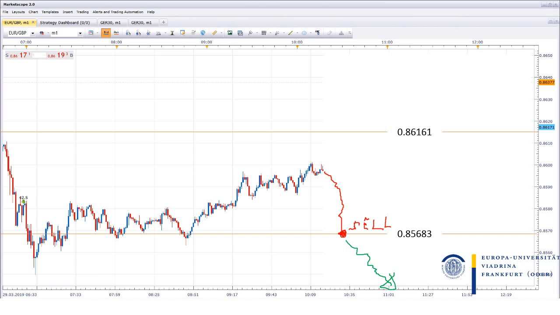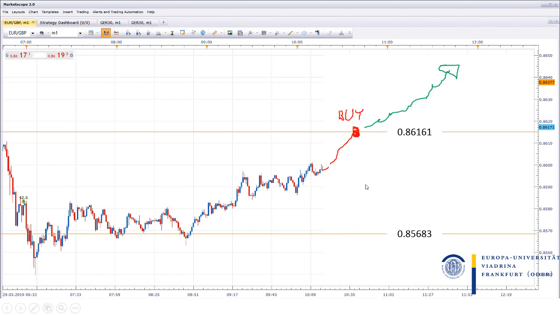Now I expect the following. In case the outcome of the vote is yes to the Brexit deal, I expect an appreciation of the British pound, so the exchange rate will go down, and I want to have a sell signal here because I expect that afterwards the exchange rate will move down even further, and I want to profit from it.